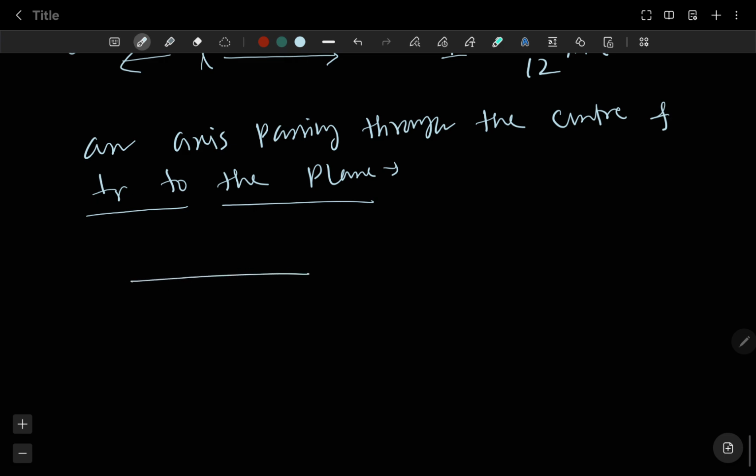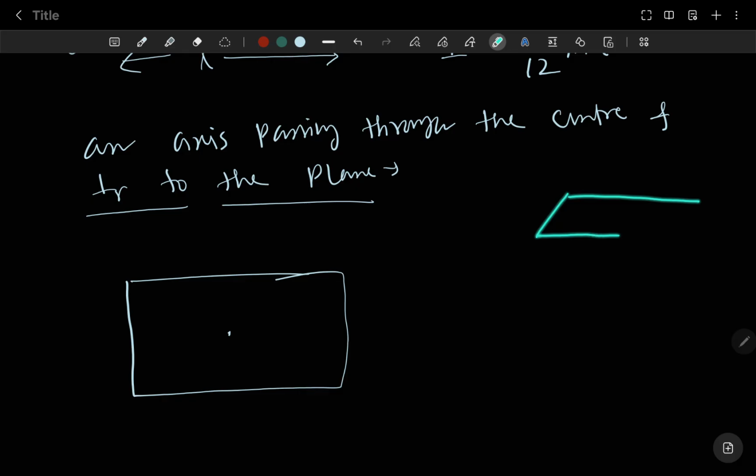Of course. An axis is like this, passing through the center and perpendicular to the plane. So it is pointing outside the screen actually. Alright, clear? If you draw it like this, it will be easier for you to understand.